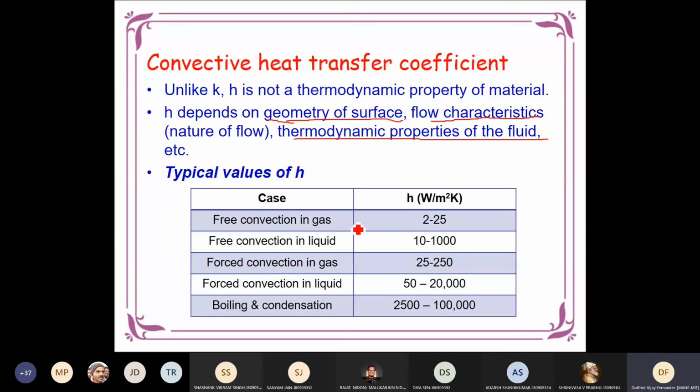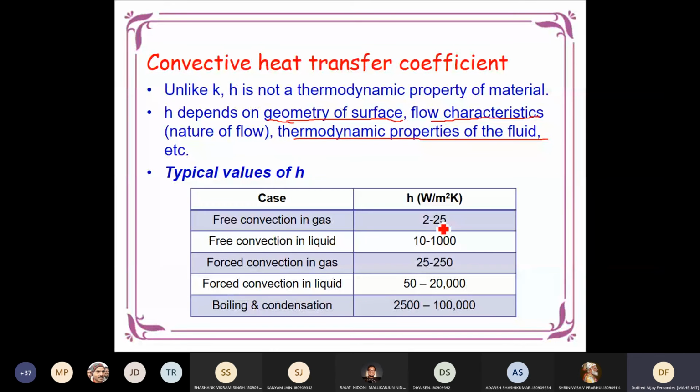So there is a very big range for the H values, and they are not written for a particular case. It's only a range of values depending on the flow. Later we will do that.